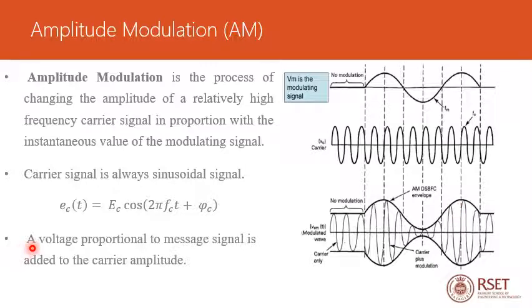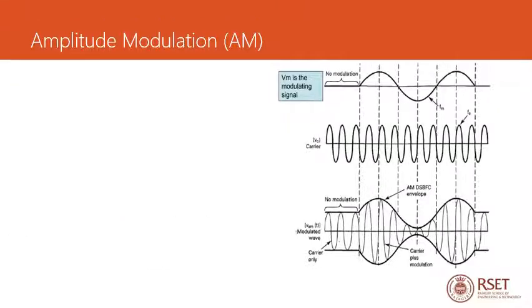In amplitude modulation, a voltage proportional to the message signal or modulating signal is added to the carrier amplitude. Let the added component of voltage be Em of t.